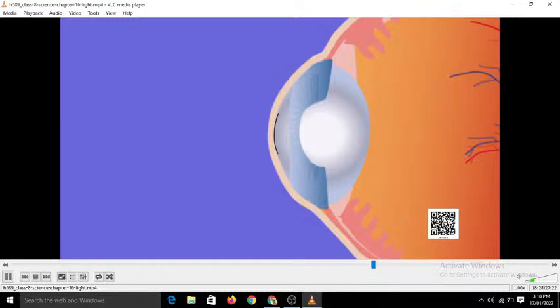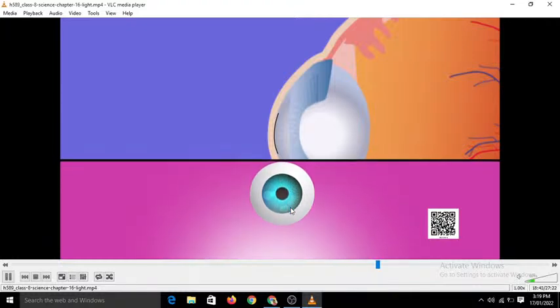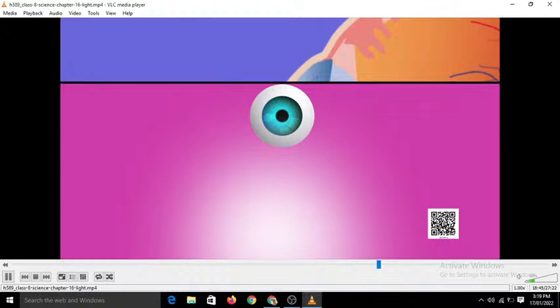In the iris, there is a small opening called the pupil. If we throw light in eye with a torch, the size of pupil decreases because eye cannot tolerate such a high intensity of light. If the light is dim, the pupil expands in order to allow more light to enter the eye.